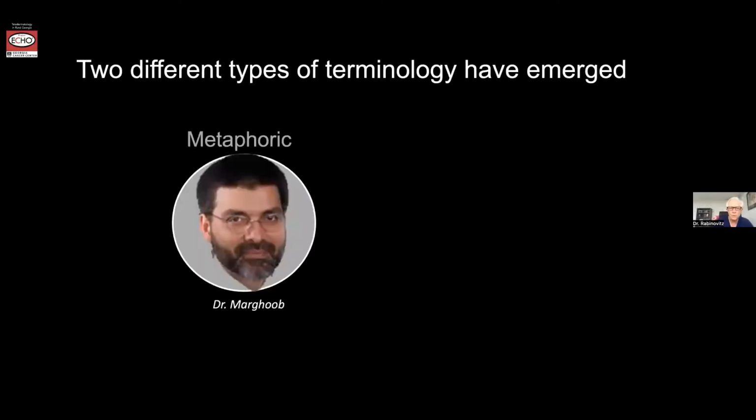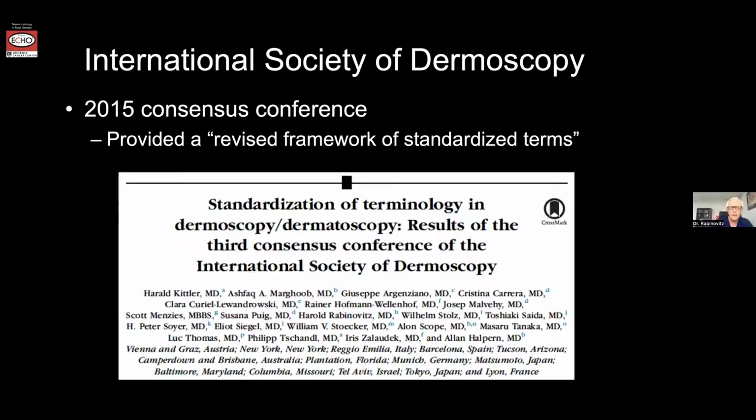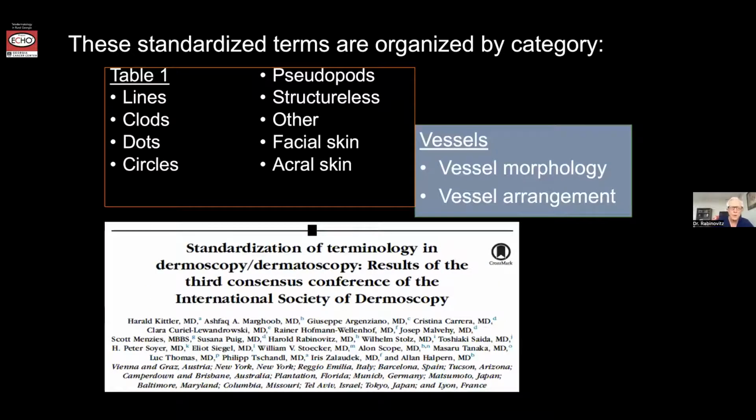Two different types of terminology have emerged: the metaphoric, which is the way I was trained, and the descriptive. Back in 2015, the International Society of Dermoscopy had their consensus conference to standardize terms. And these are the terms that are now currently used.